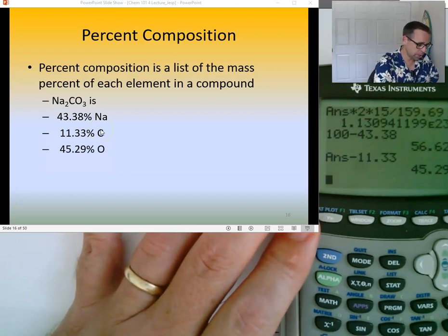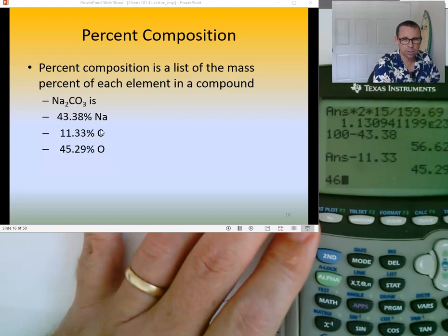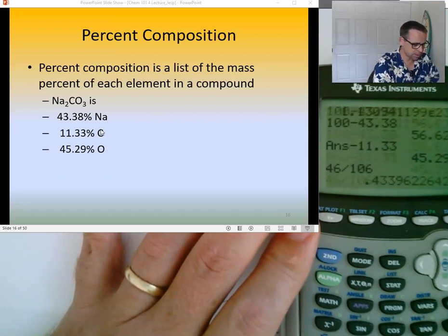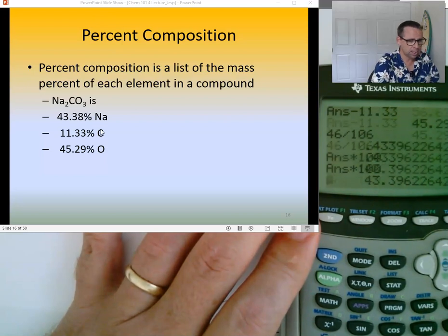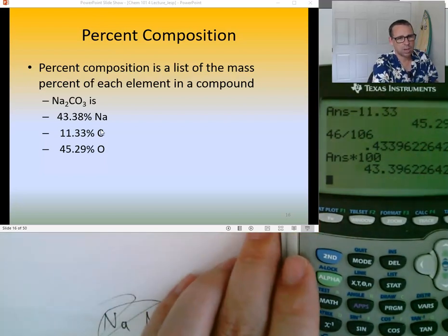Or we could also have just taken the 16 times 3, which is the 48, and then divided that by the 106, and then times by 100, and it should give me the same percentage, right?